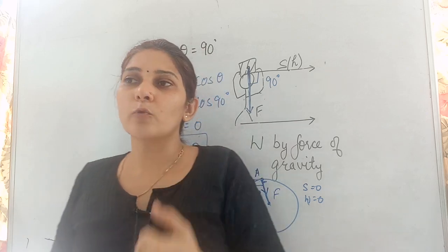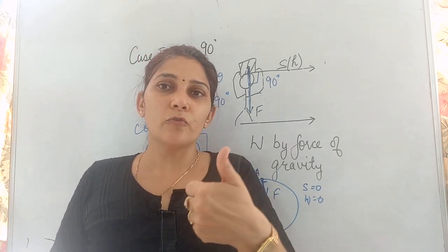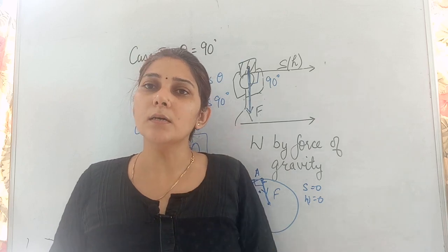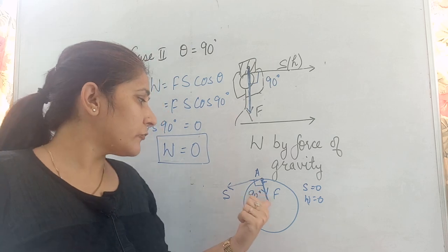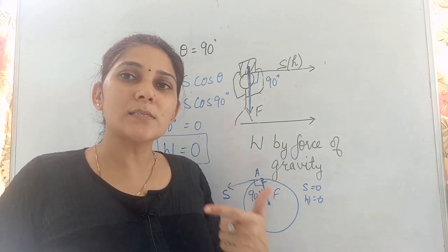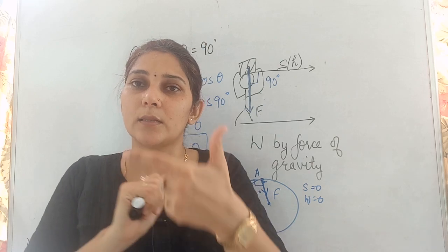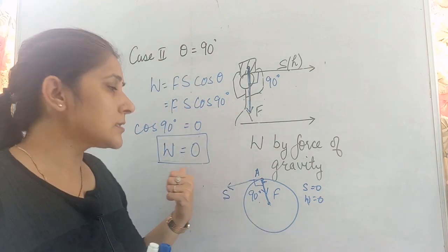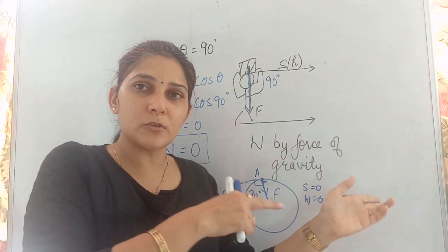In the first case, we discussed theta is 0 degrees, when force and displacement are both in the same direction. In the second case, force and displacement make an angle of 90 degrees with each other. In that situation, work done is 0. And we discussed two examples for this, and two for the previous one.